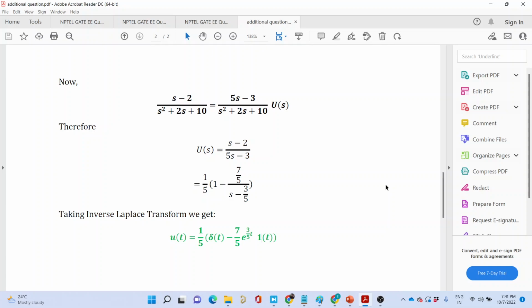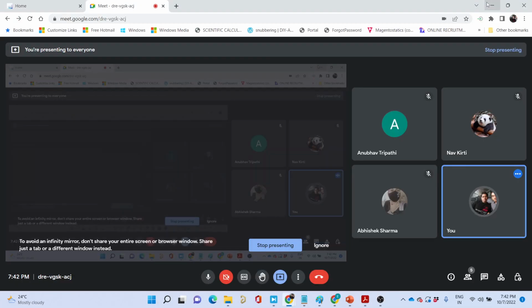Okay, good. Now I will ask a very simple question on DC machine. You all have studied DC machines, DC motors. You first tell me how torque is generated in a DC motor. How is torque produced in a DC machine?